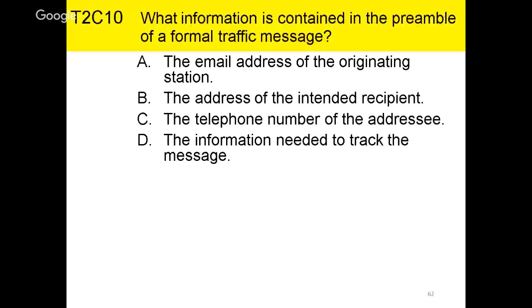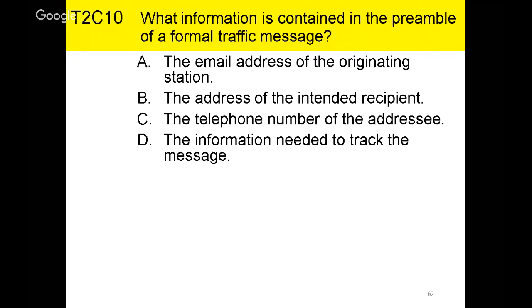What information is contained in the preamble of a formal traffic message? This has to do with handling health and welfare messages or just routine messages and things of that sort. Remember the radiograms I showed you? There is a national traffic system, and these messages are passed back and forth.